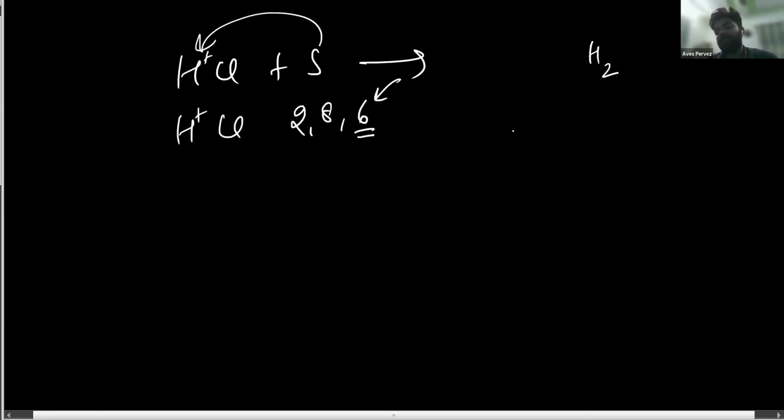Got it? That's why non-metals are electron acceptors. They are not able to donate electrons, so the H plus ions of acids will not react with them and will not form hydrogen gas. No hydrogen gas will be formed when non-metals react with acids. You understood?